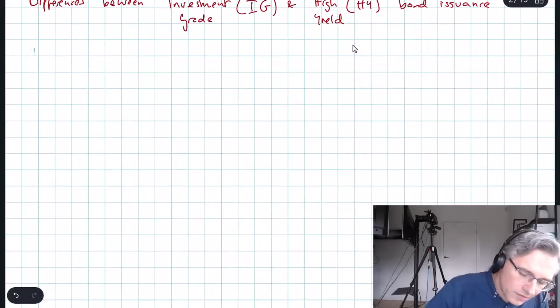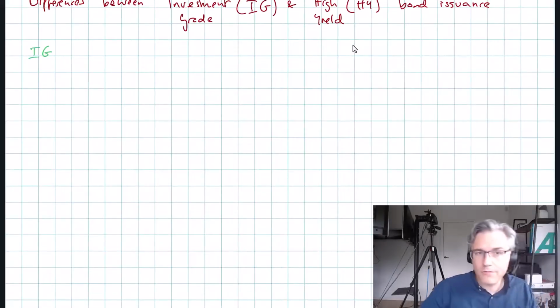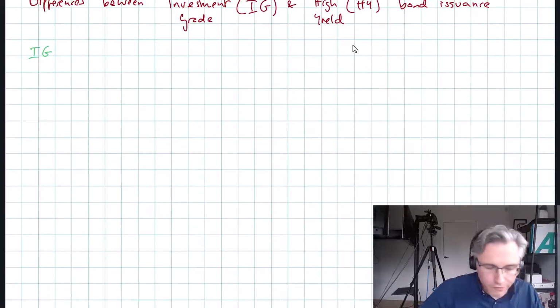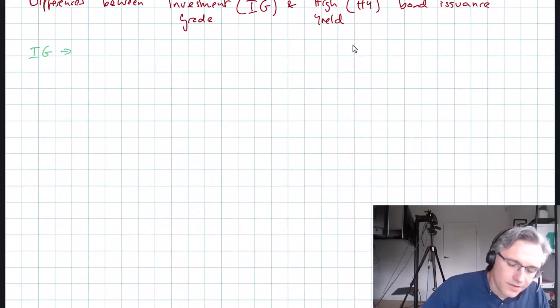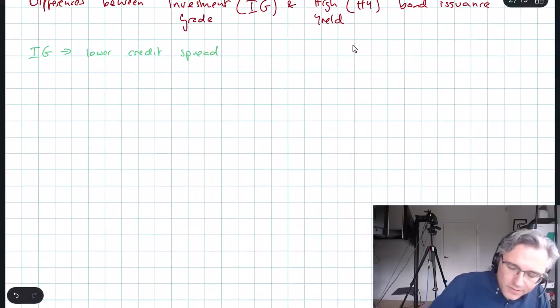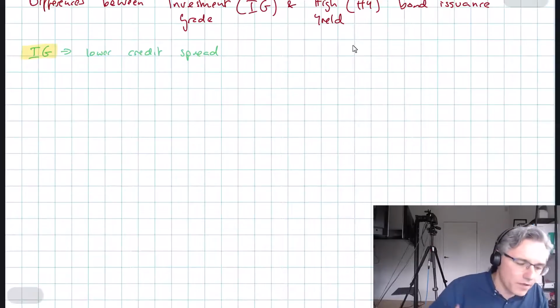Let's start with the investment grade issuers. Mind you, remember, we're not talking about government issues. We're talking about corporate issues. So these guys are going to definitely enjoy a lower credit spread as opposed to a higher credit spread, which is going to be true for high yield.